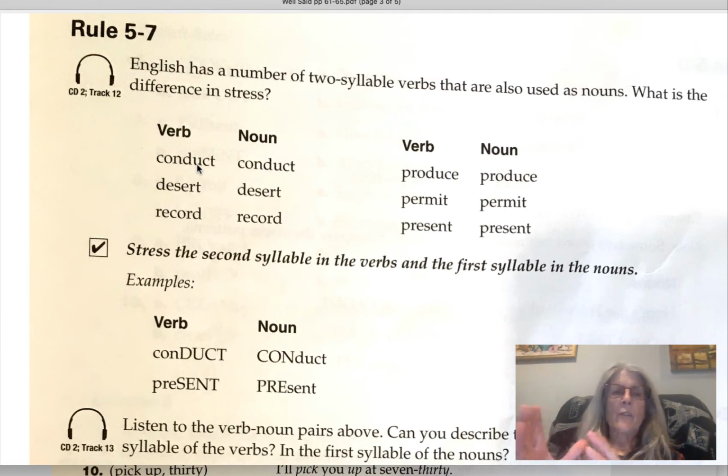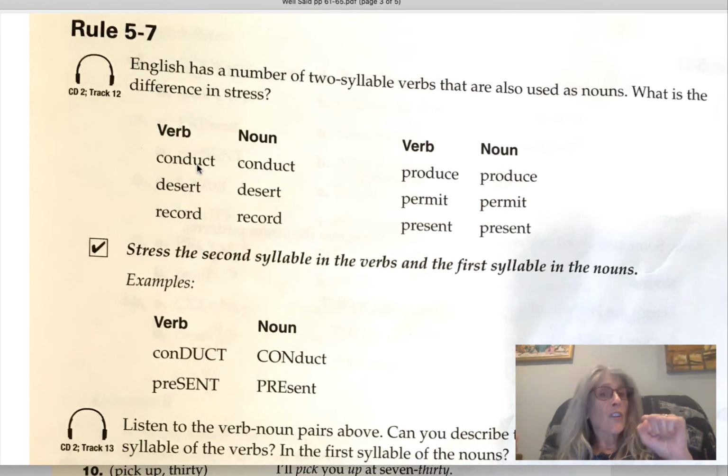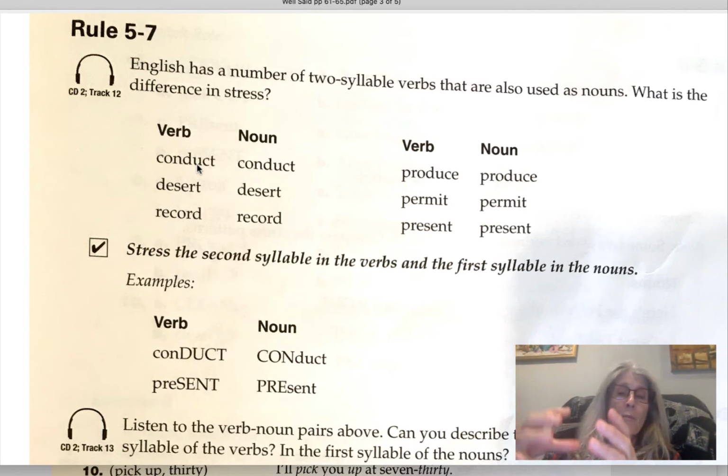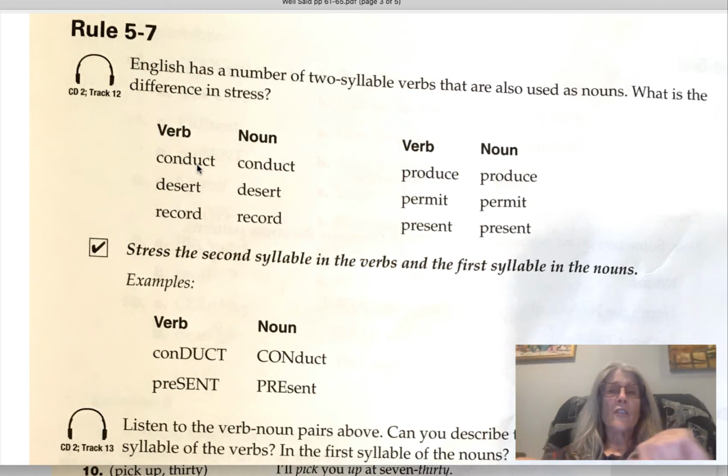And then we did the record, but the record is to, if you're a singer, you're going to record your voice, right? And then in the old days, you're going to put that on a record. That was the round thing made of vinyl that you recorded your record.